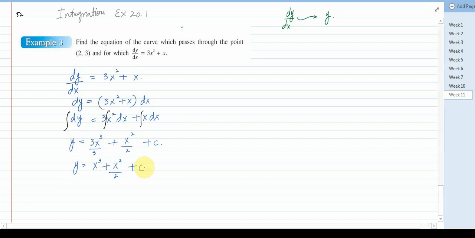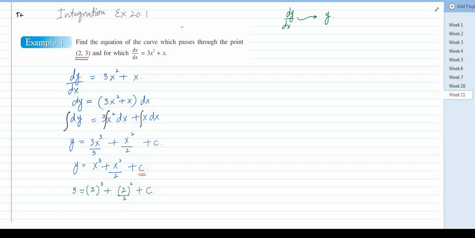But now we need to find the value of c, and to find the value of c we have this point. The value of x is 2 and the value of y is 3, so I will place these values in the equation. Instead of y we have 3, equal to x is 2 cube plus 2 square over 2 plus c.